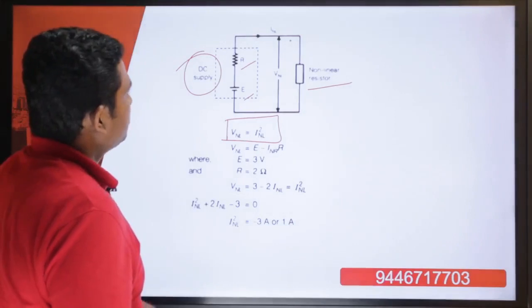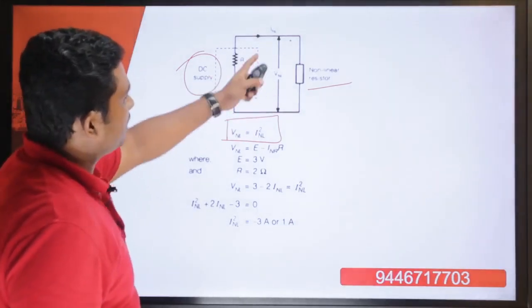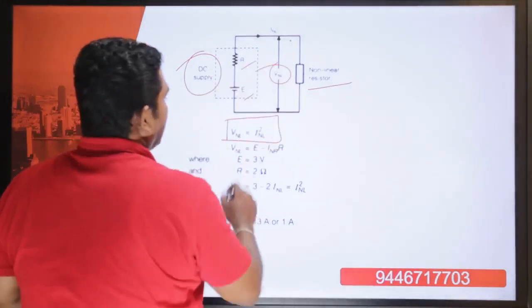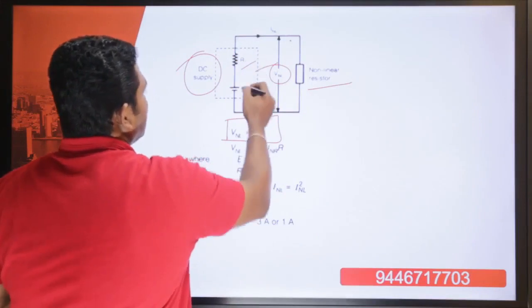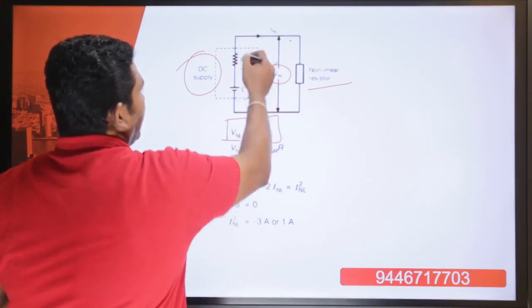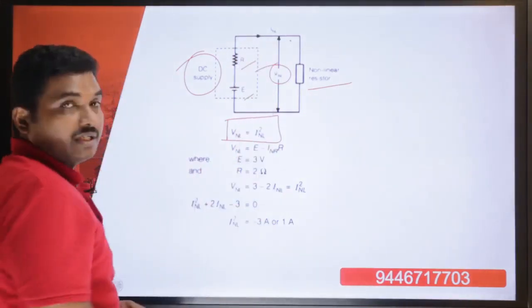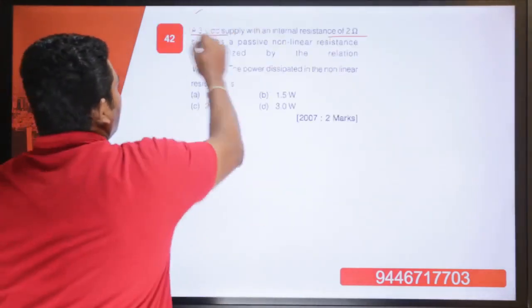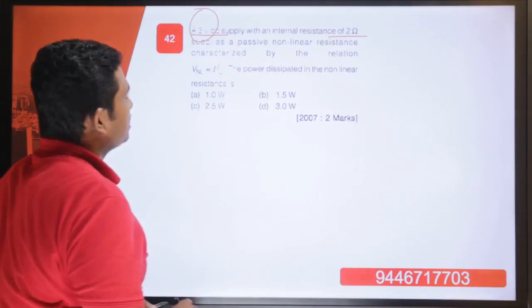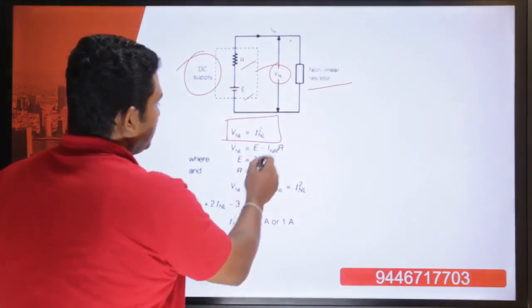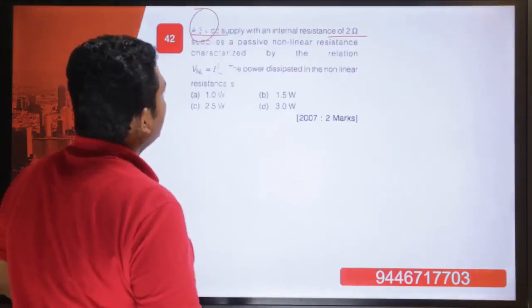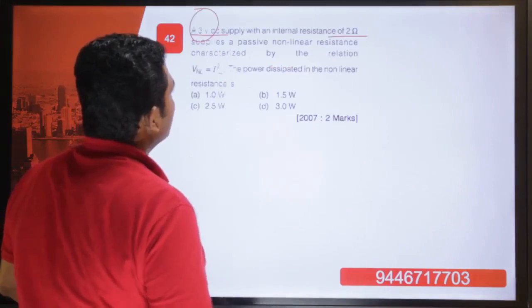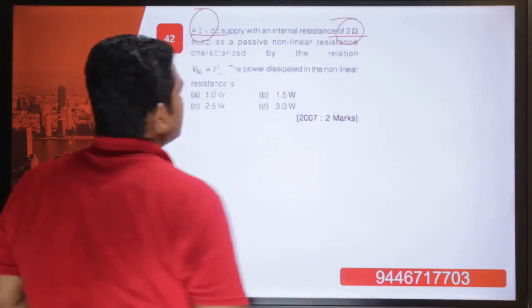So from this diagram, we can make an expression for VNL as VNL is equal to E minus INL into R. E is given: the battery has a voltage of 3 volt. So we can substitute E is equal to 3, and what is the value of resistance? The internal resistance is 2 ohm.